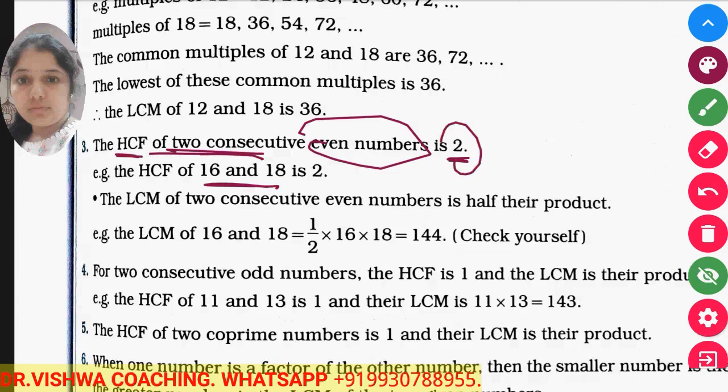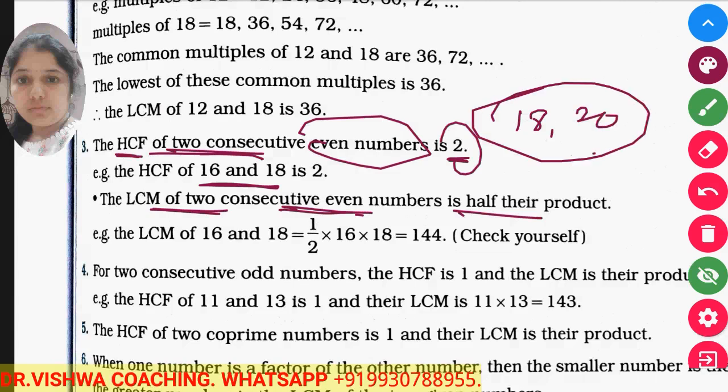The LCM of two consecutive even numbers is half of their product, say for 18 and 20, so their LCM is half of their product and their HCF is only 2.